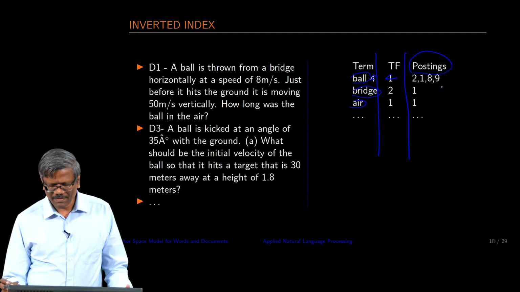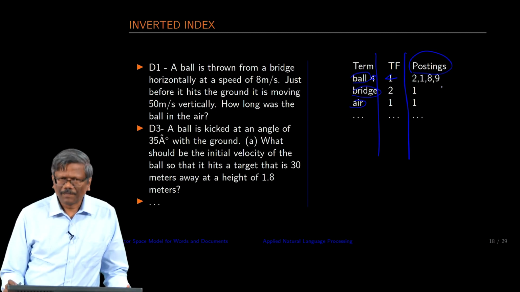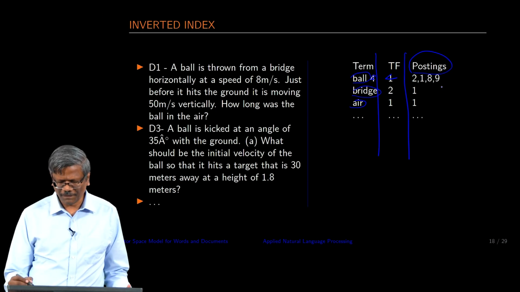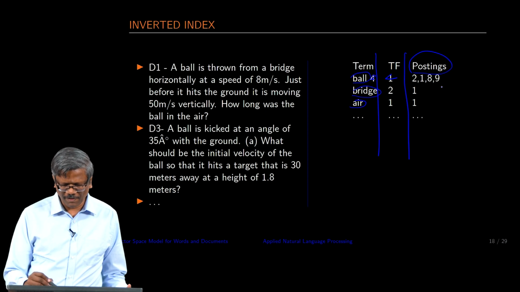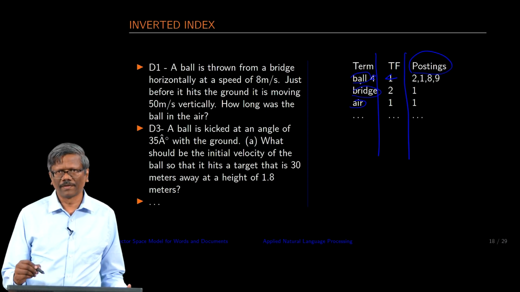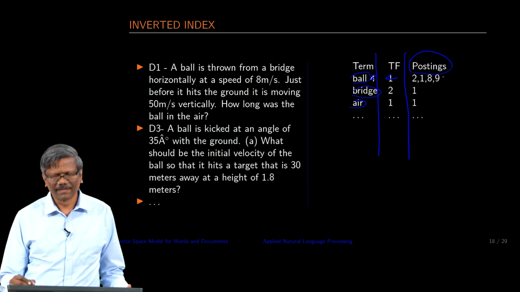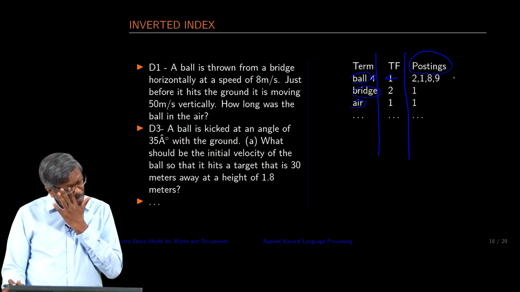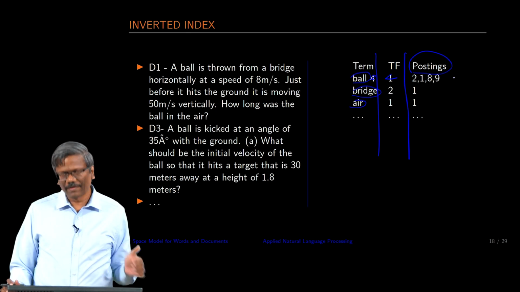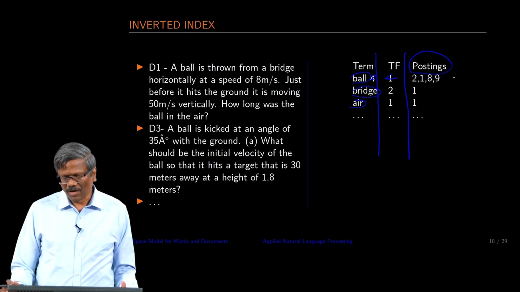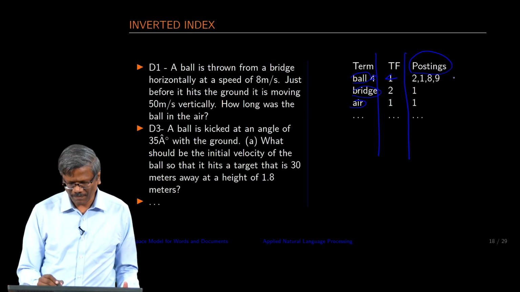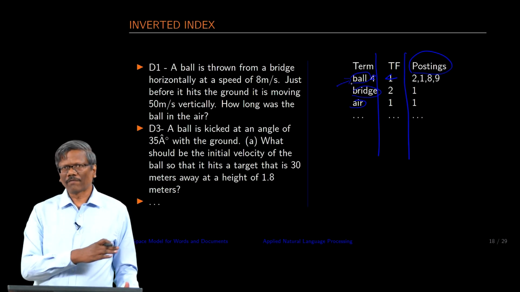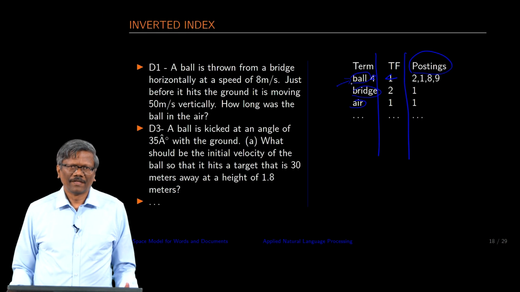The postings are nothing but the documents where this particular word is present. So, if I have the word ball present in documents 1, 2, 8 and 9, I just mention that. So, if you want to do the comparison or the similarity of the documents with respect to the query where the word ball is mentioned, you do not have to go through the entire document space.